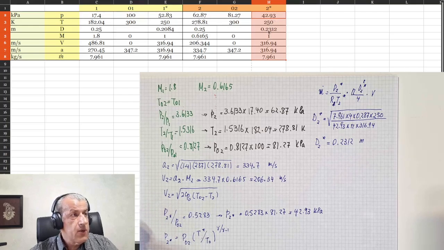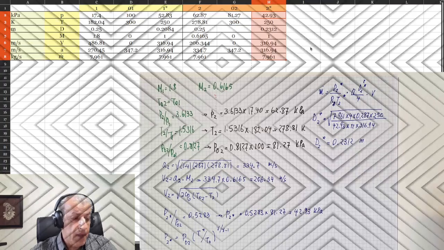The diameter is 0.2312, and it's good to remember that the first throat had the diameter 0.284, and the test section diameter was 25 centimeters. So this is not that much smaller than the test section diameter. Mach number, of course, at the second throat is 1, velocities are known, and mass flow rate is the same.